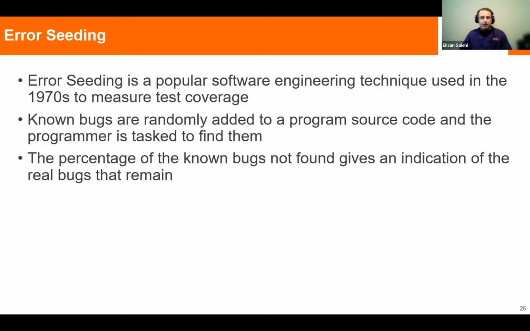The goal here is that the tester is independent of the developer, and we have to make sure the separation of tester and engineers or developers is respected here. The tester is supposed to figure out those errors. The idea is that the more of the known errors are found, the greater the percentage of the software that has been tested.